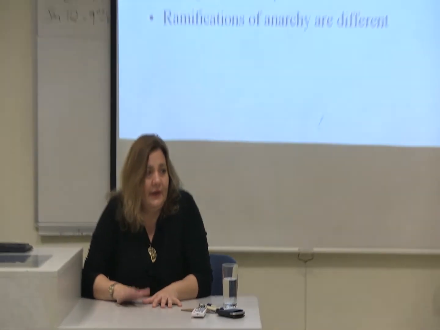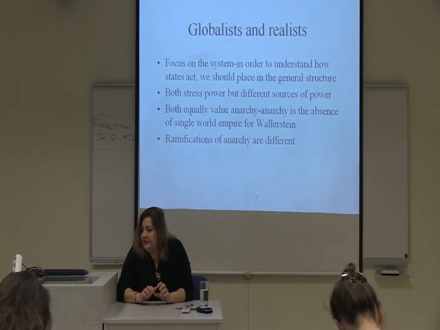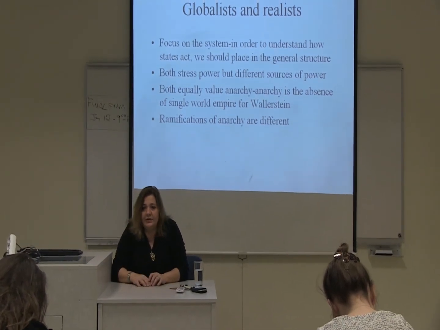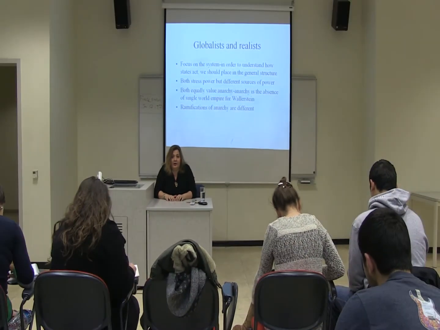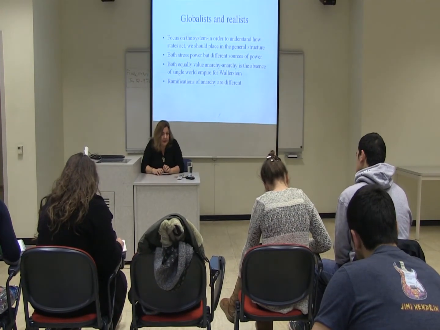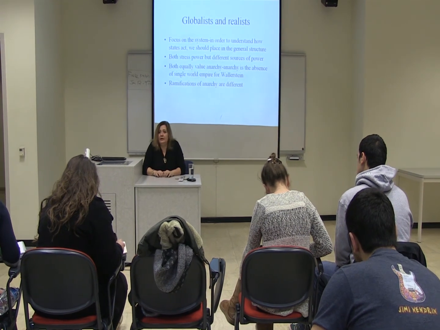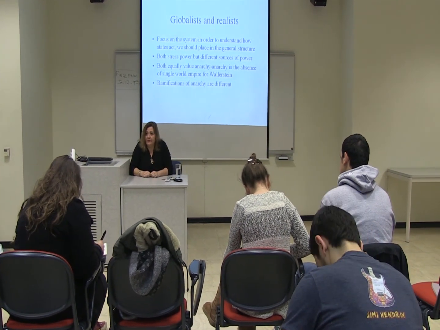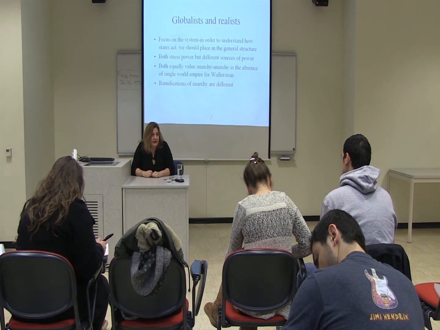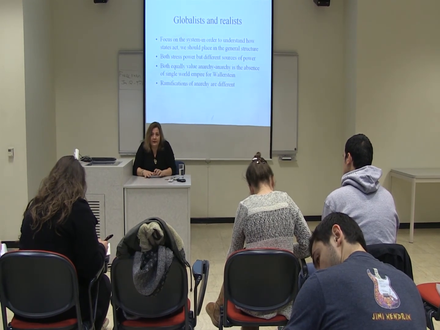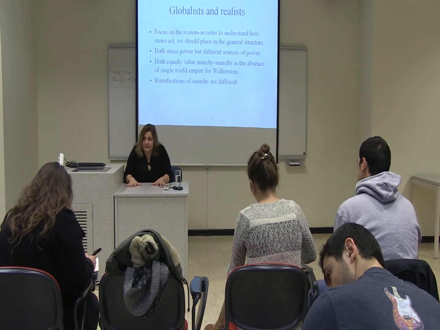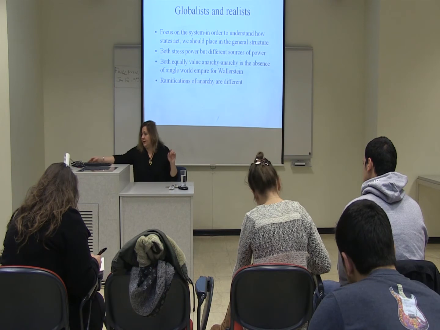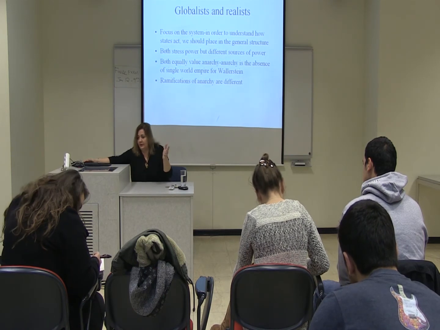The fact that they stress relative power, the fact that they stress the international system within the larger IR framework and the impact of the absence of central authority on the individual states, more or less the same, but the tools with which they differentiate between different categories of states, the tools with which they think that the international system is created is different. One is political, the other is economic.